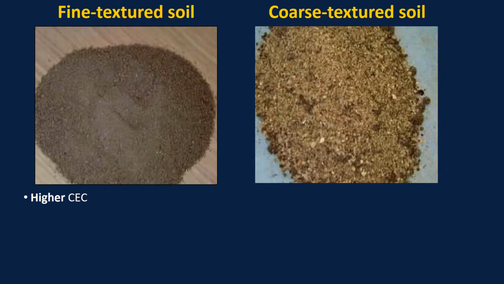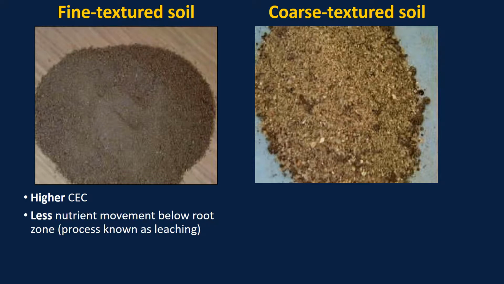And because it has a high CEC, it's able to hold on to nutrients, and the large amount of clay has smaller pores, so it's going to take longer for that water to move down. So you're going to have less chance of nutrients moving down and below the root zone where plants can't reach them anymore. And because of that ability to hold on to nutrients, we usually have to add nutrients less often to these soils. So that's our fine textured soil.